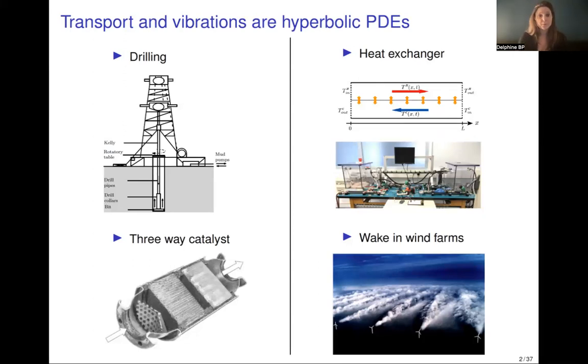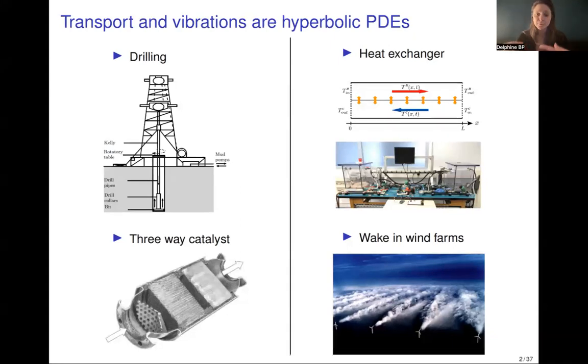Another example of transport occurs in wind farms. This is a PhD thesis that I have supervised lately, in which we were aiming at obtaining a simple model of the wake. The wake is the picture seen here of a wind farm in Denmark, which is quite well known, the Horns Rev farm.